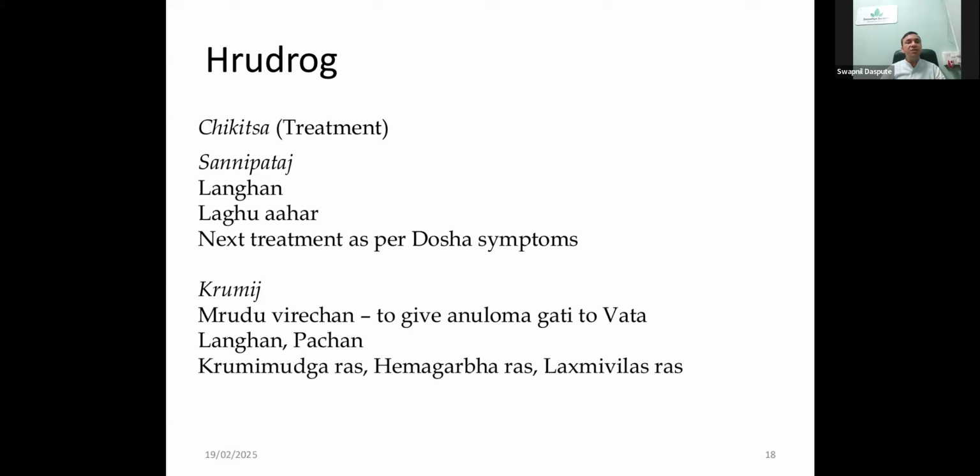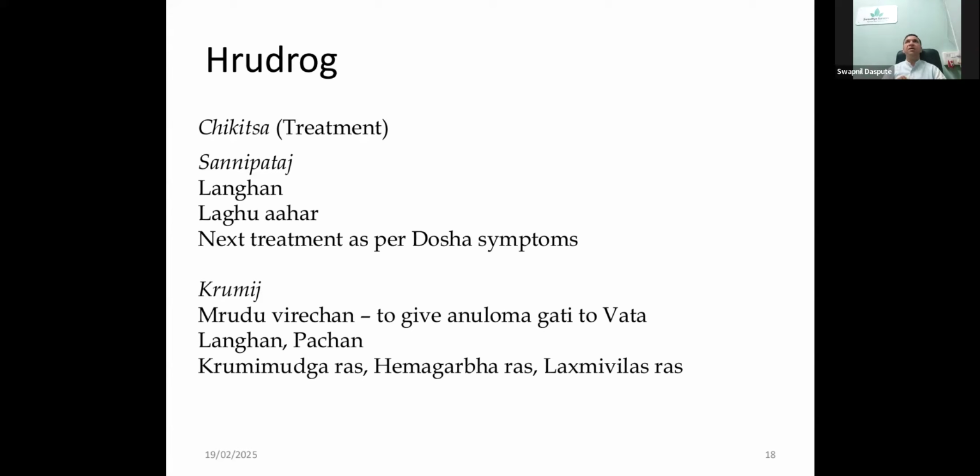Basically it is good for any vermicidal action which you expect in the patient. In other diseases also, if you feel there is presence of Krumi, then Krumi Mudgarasa, Krumi Kuthara Rasa can be given. Hemagarbha Rasa, a gold preparation, should be given.